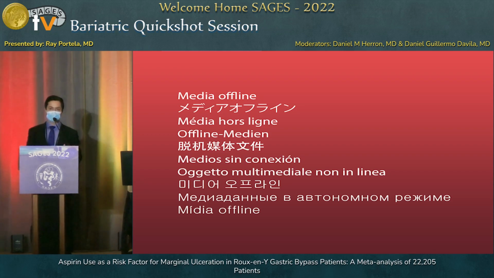So we evaluated 5 databases, and we ended up with 5,000 articles. Those articles went through the PRISMA process, and after the PRISMA, we removed the ones that did not match our inclusion and exclusion criteria, so editorials, secondary data, and data that did not evaluate aspirin separately from other NSAIDs.